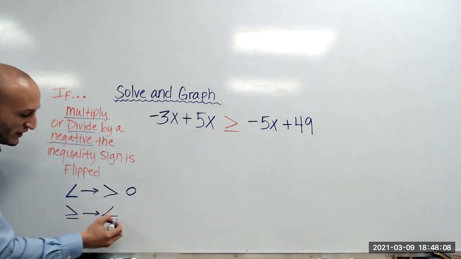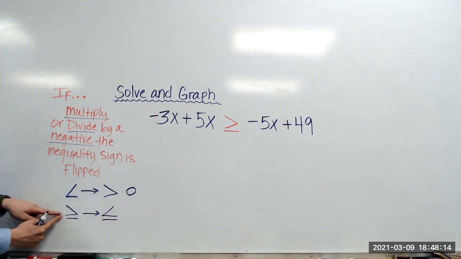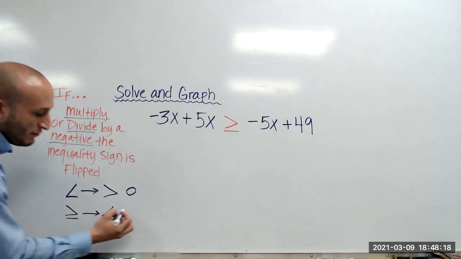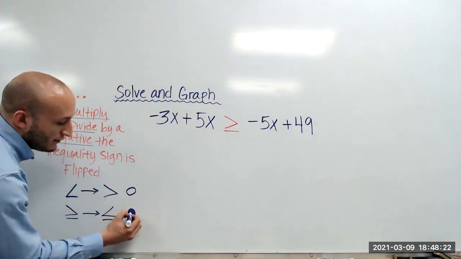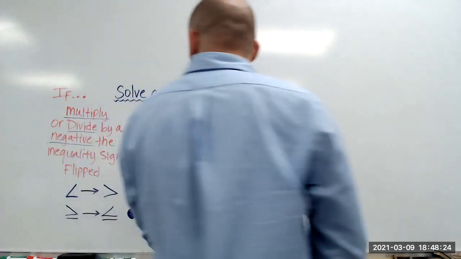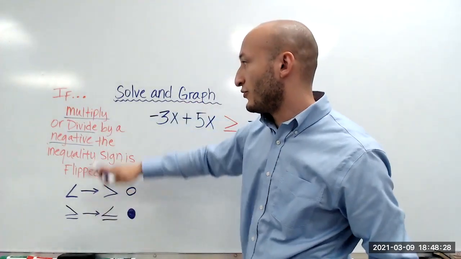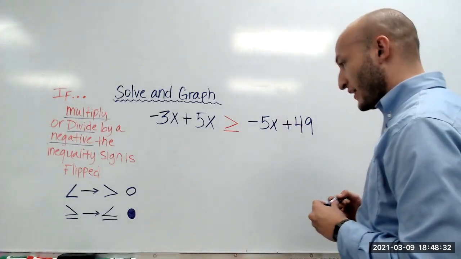Okay, and when I have an equal sign here, meaning greater than or equal to, less than or equal to, my point will be a closed dot. Okay, so very important to remember these two rules when we solve and graph inequalities.